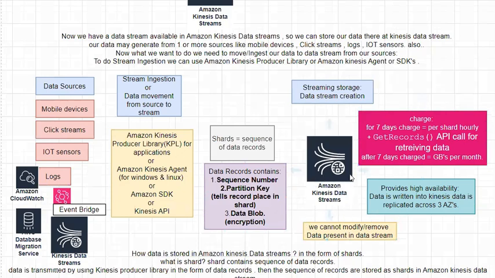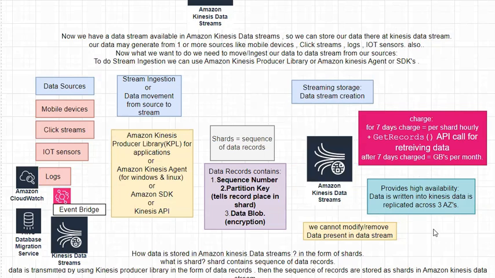Amazon Kinesis data streams are highly customizable. What does the word customizable mean? That means we can manage our ingestion, that is putting our data into the stream, and we can do scaling as well. If you choose provisioned capacity mode, then we are the ones who need to scale the shards present in it.